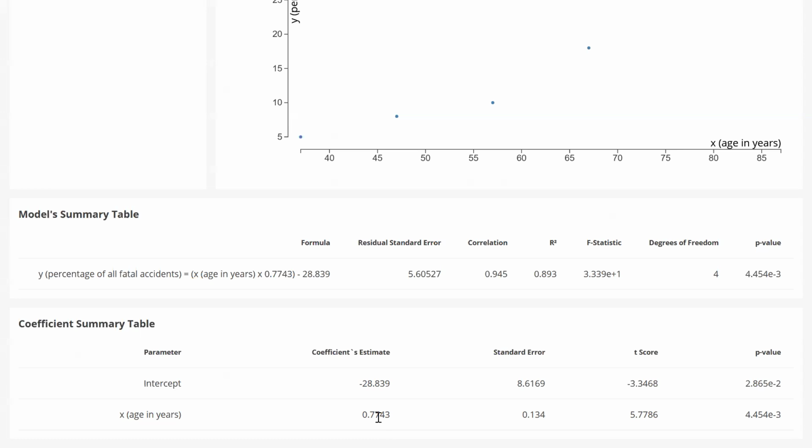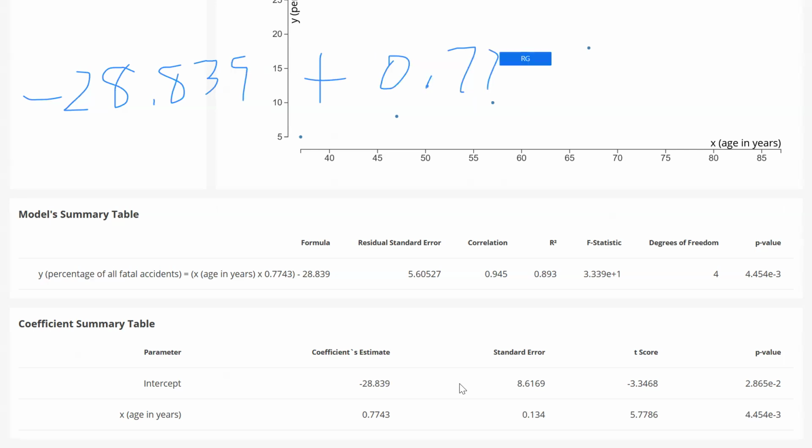So my equation is going to be, let me try to remember, negative 28.839 plus 0.7743 X, like that. So that is going to be it.